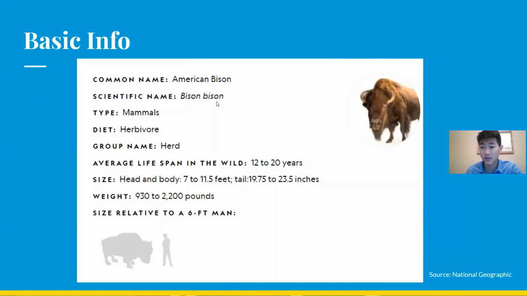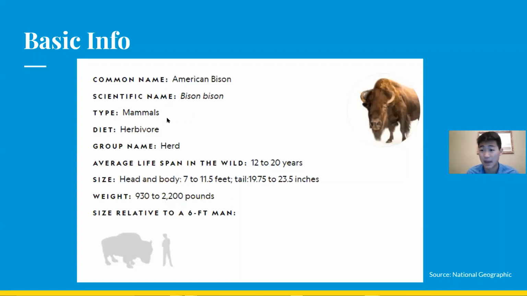If you think about humans, we're called Homo sapiens, right? Homo is the genus name, the bigger group of species that we're in, and our specific species as humans is sapiens. For bison, there aren't many different species in the genus, so it's just bison.